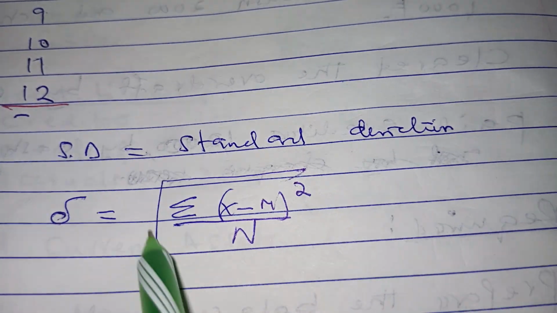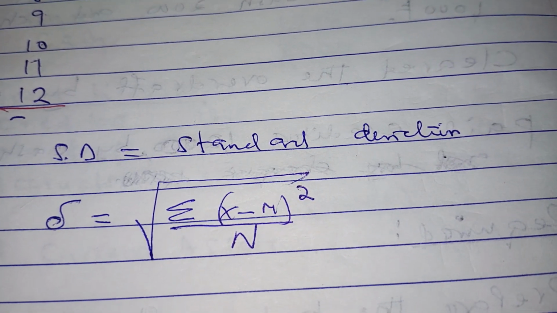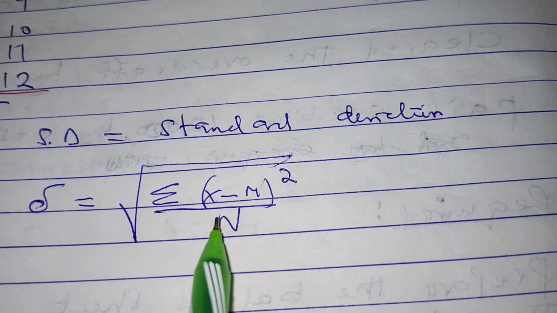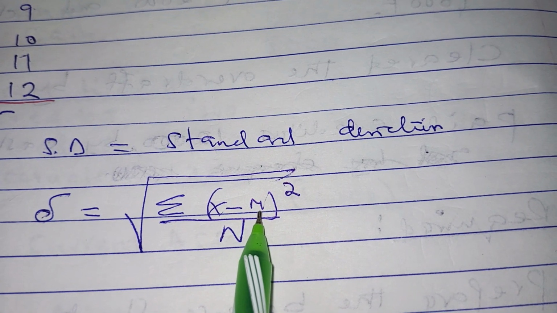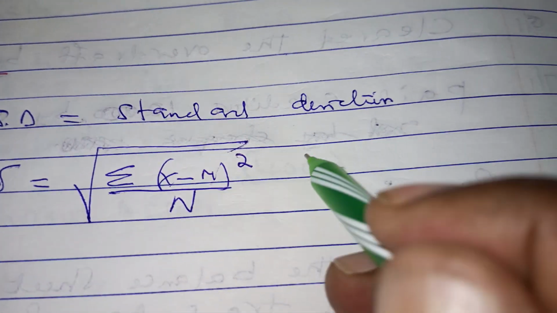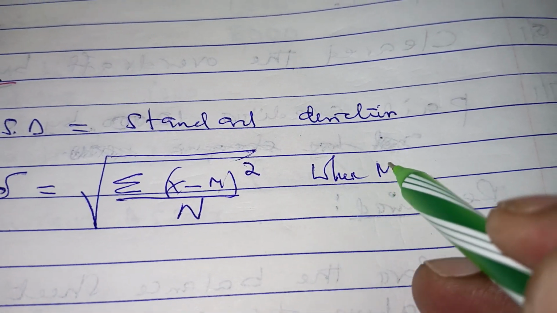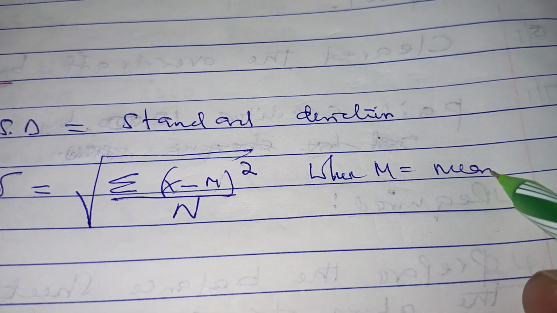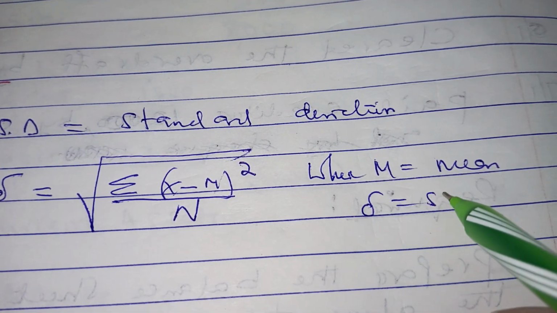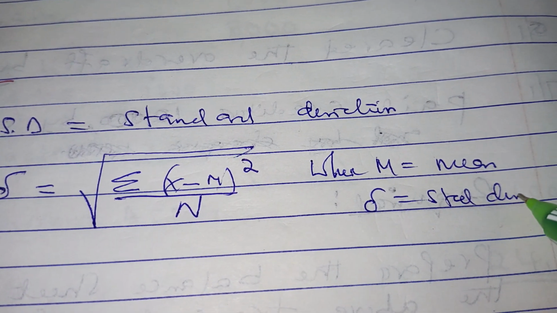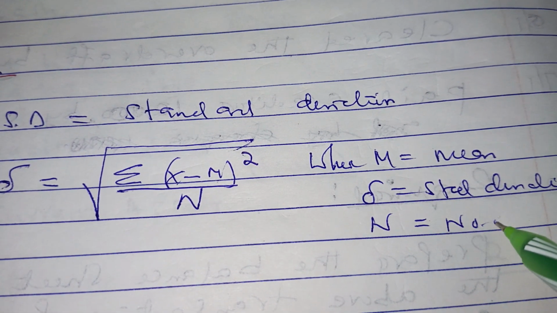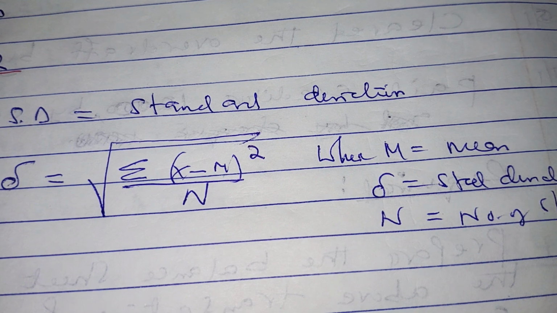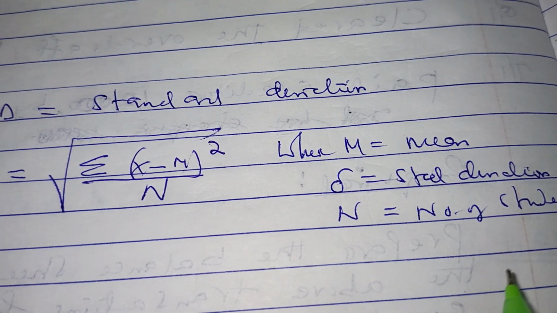Then we take the square root of all that. We remind ourselves that x is given, but mu, which is the mean, is not given. Here mu is the mean and delta is the standard deviation, and n is the number of students or number of observations.